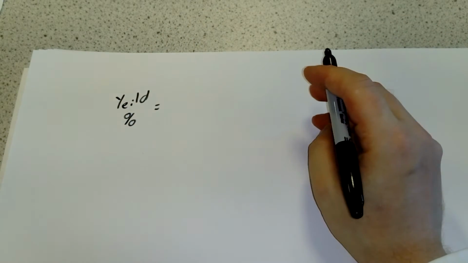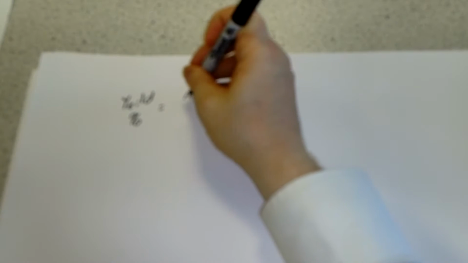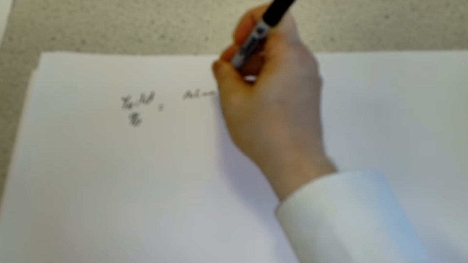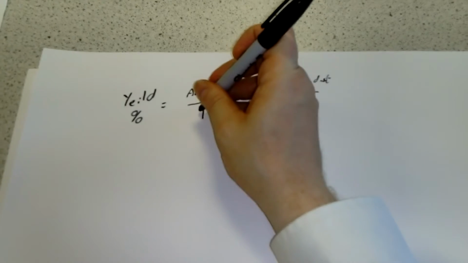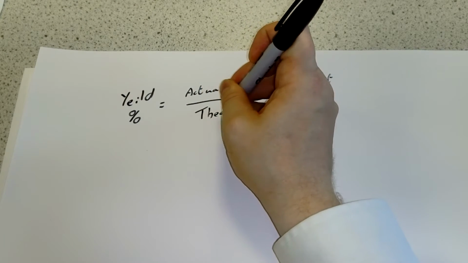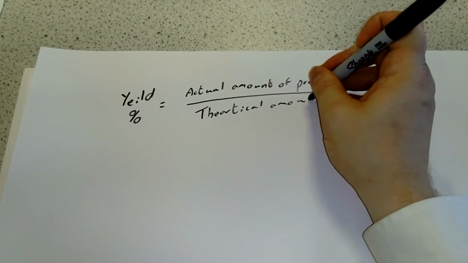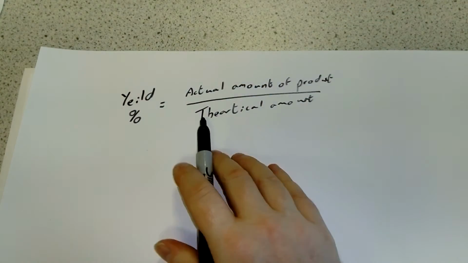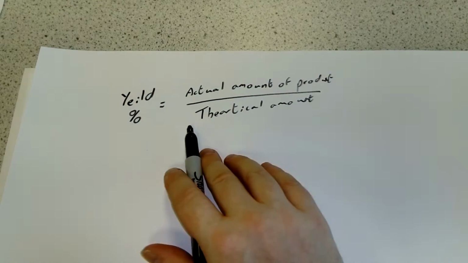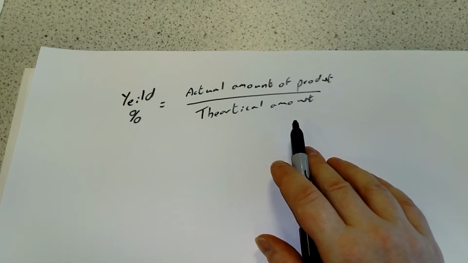That is equal to the actual amount of product divided by the theoretical amount. You could call that actual yield and theoretical yield.